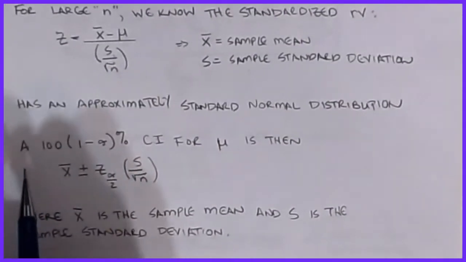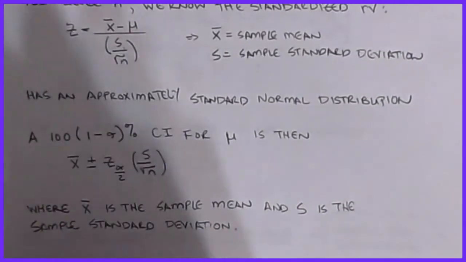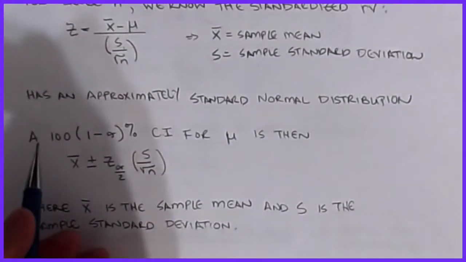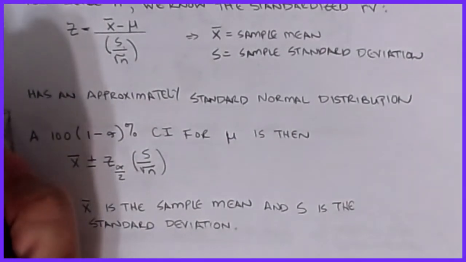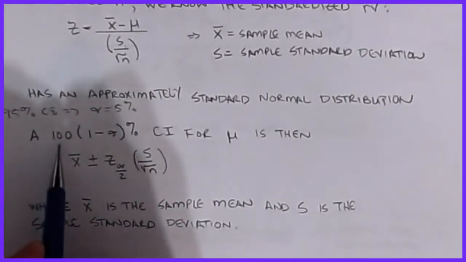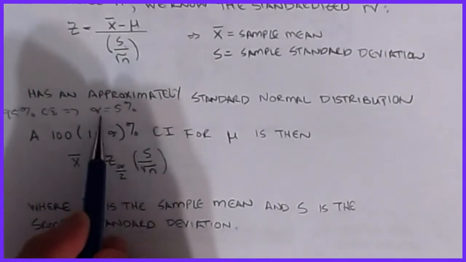The nomenclature we had before, and if you need to review this, go back to our last video, is that we define a confidence interval as something like a 95% CI, and when I do that, alpha is 5%. That's the way we write it, as 100 times 1 minus alpha percent. So if I plug in 0.05 here, I get 95. That's the nomenclature they use.